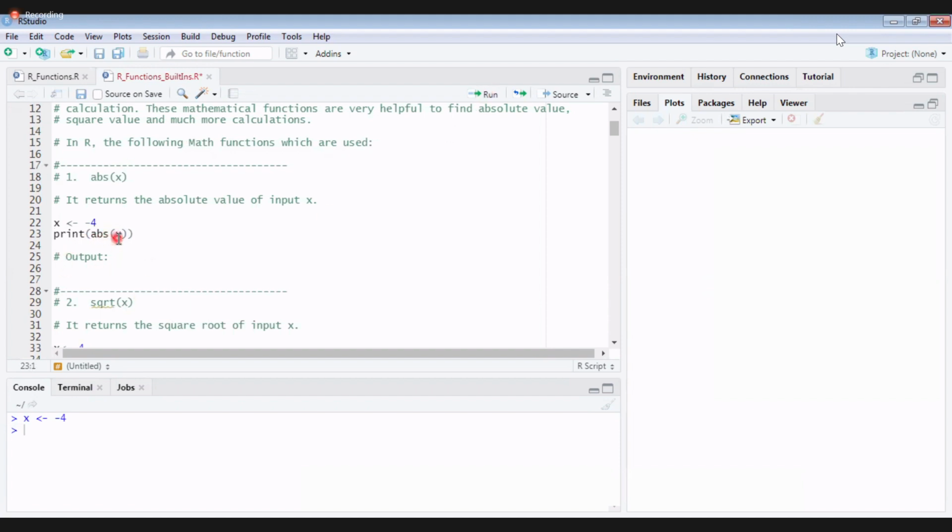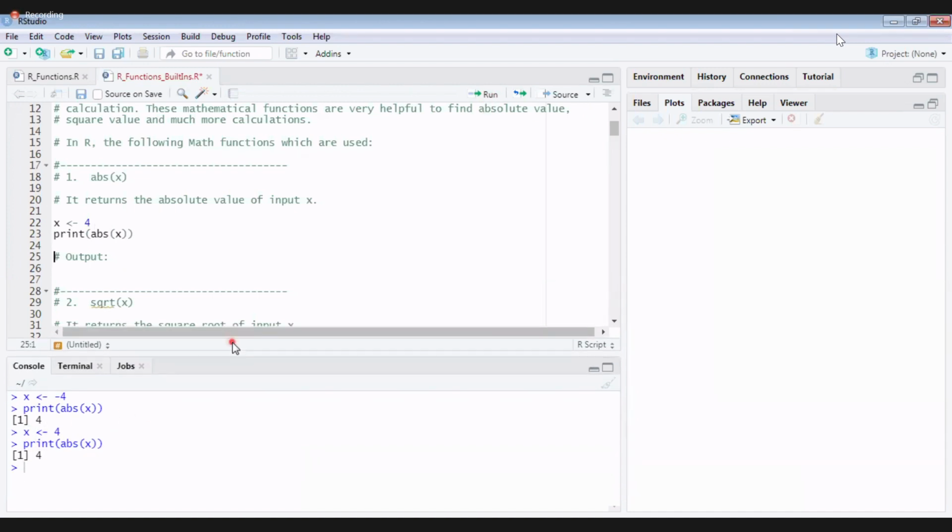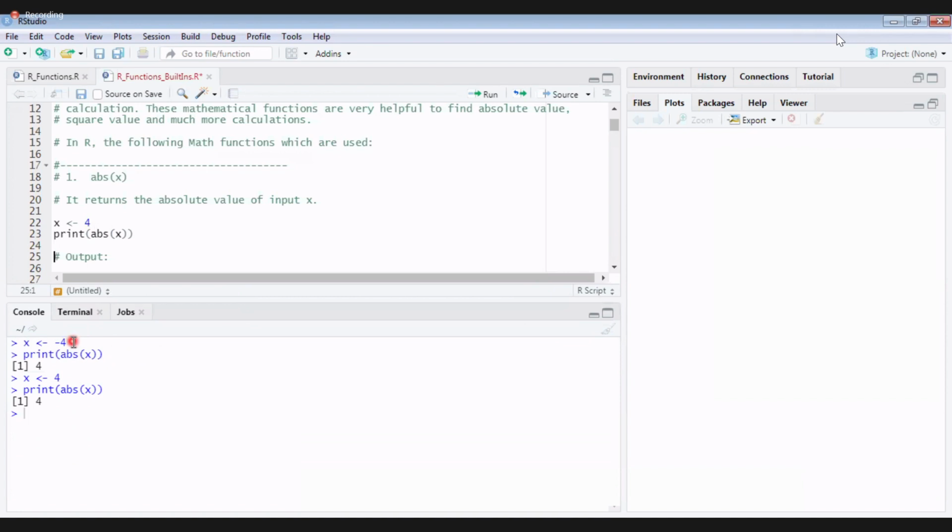What is abs of -4? It is 4. Suppose I give only +4, x is equal to 4, and abs of 4 is also +4. It is not vice versa. Plus will not convert into minus. Everything will convert into positive. So this is our absolute function.